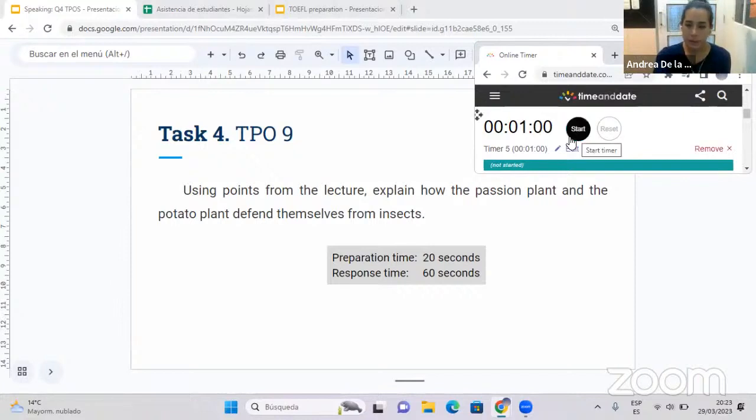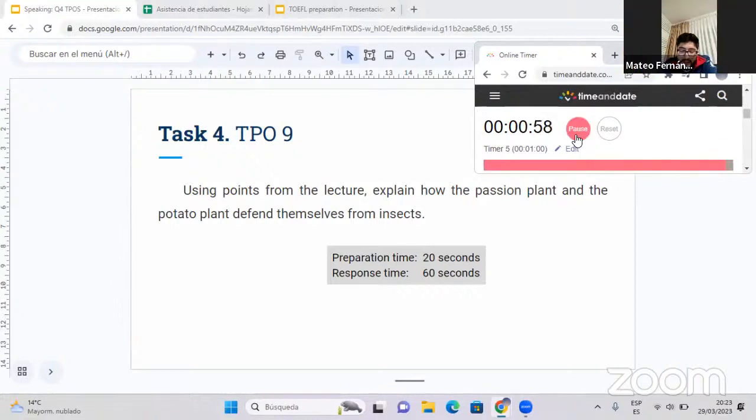Okay, go ahead, please. The lecture discusses how plants protect themselves from insects. First, the professor explains a physical defense in which she uses the passion plant as an example. The passion plant counts with spiky hairs in the leaves, which prevents insects from landing in the leaves so they can't eat them.